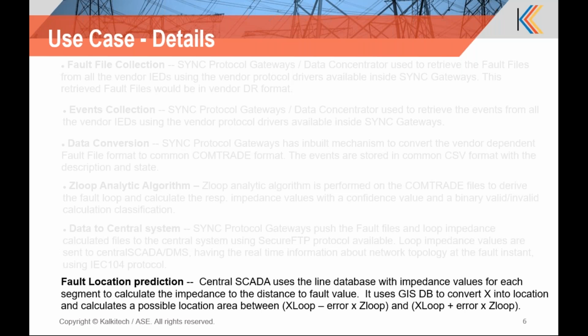It is superimposed on the map, and the corresponding location is pointed out with respect to the error limit, and the central SCADA can actually point out the corresponding area with respect to the fault locations.